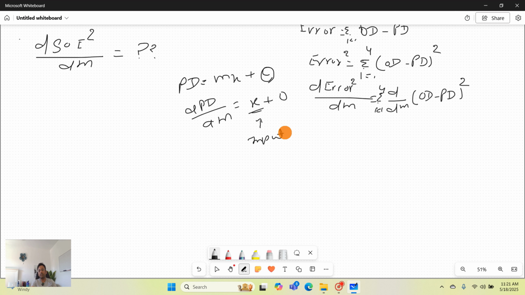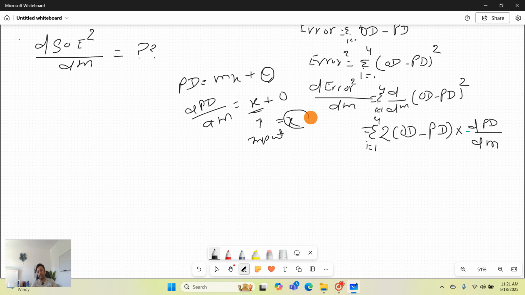So we were inputting height. For this height, give me the weight. So 1 feet, 2 feet, 3 feet in each example, that is my input. If I come back to this, 2 will be constant, 2 will come out here, and let me put the summation sign, since it is going on for all data points. OD minus PD, observed value minus predicted value, into dPD by dm, and dPD by dm value is x.